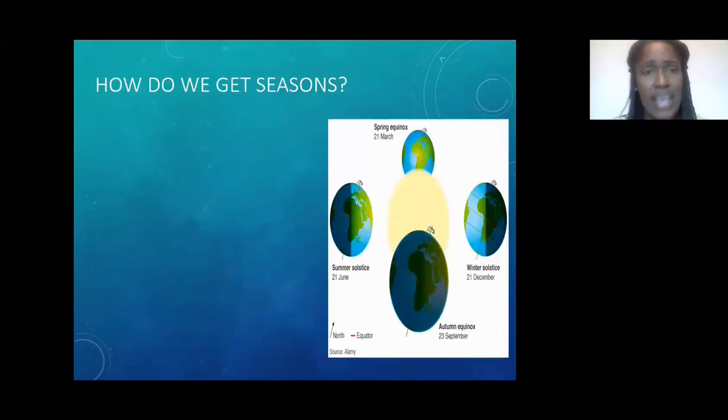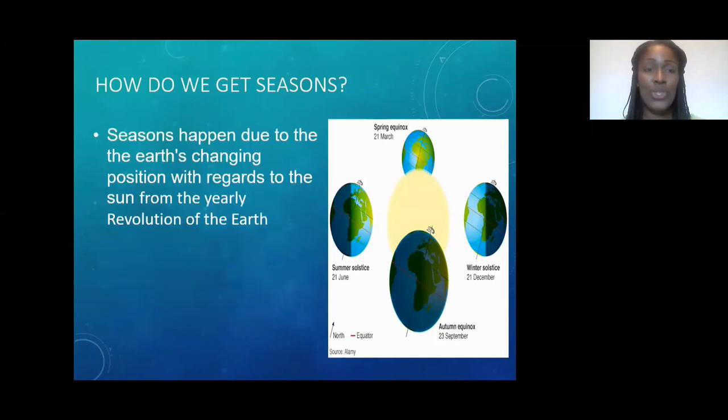So can anyone remember from last class which form of the Earth movement causes seasons, rotation or revolution? Anyone can tell me? Which one forms seasons? Yes, revolution is correct.